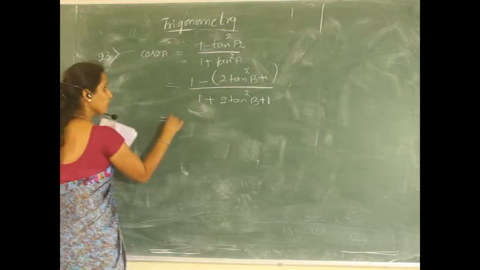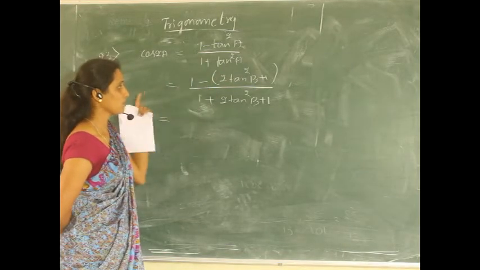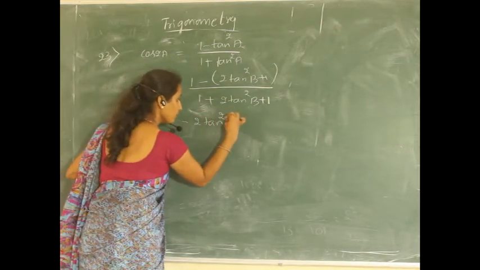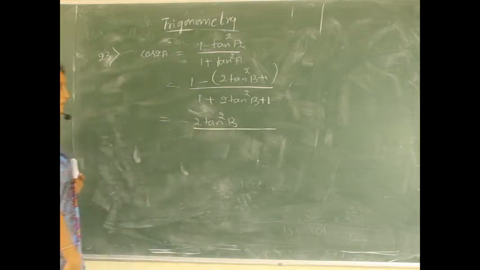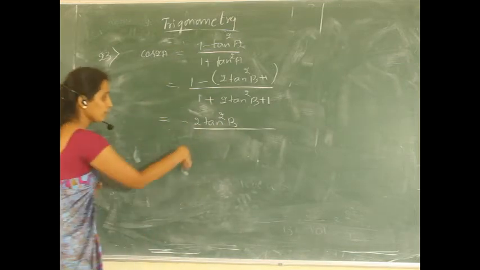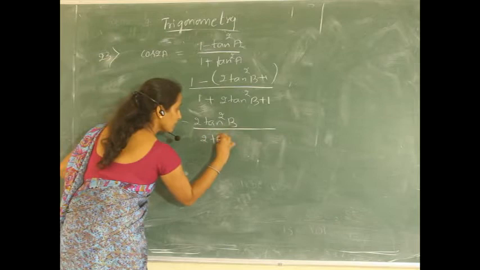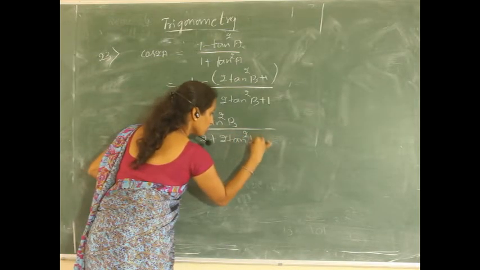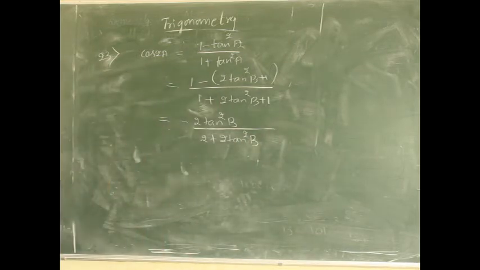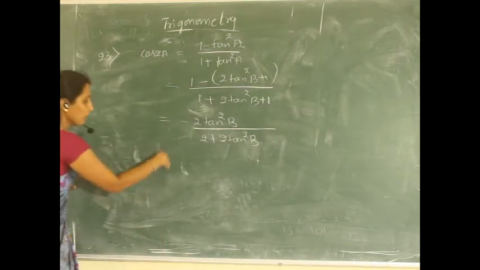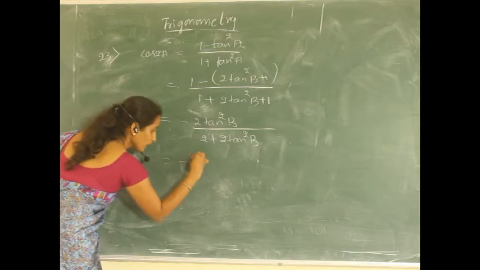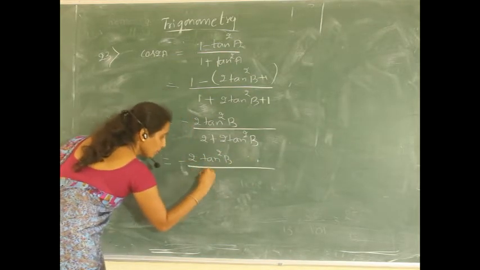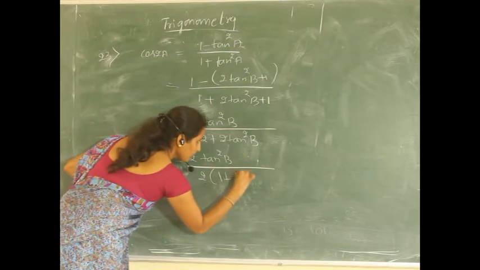The minus 1 and 1 cancel, so the numerator is minus 2 tan square B, and the denominator will be 2 plus 2 tan square B. I can take 2 common from the numerator and denominator, so minus 2 tan square B divided by 2 into 1 plus tan square B.